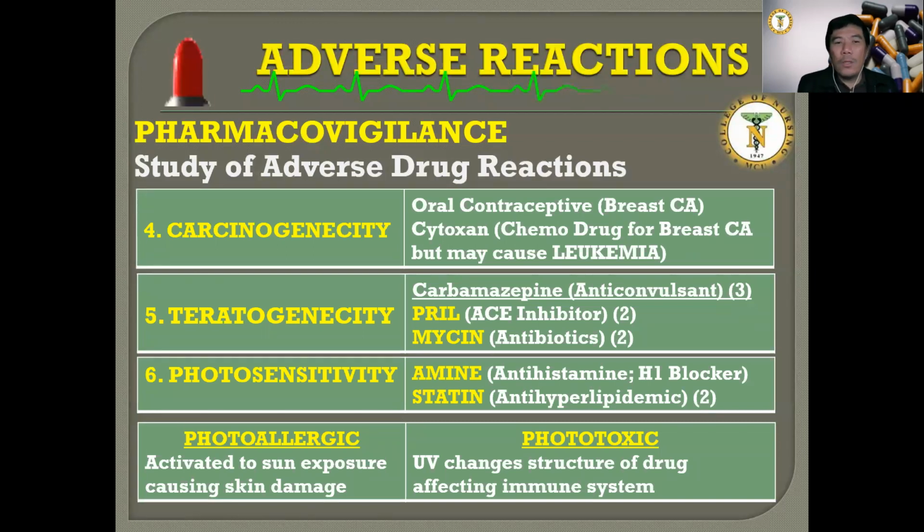So that's it. Next, let us proceed to number 5, teratogenicity. If we say teratogenicity, these are the drugs that are teratogenic and may cause adverse reactions and risk for the fetus or fetal well-being or newborn. Anticonvulsant, there, three are involved in carbamazepine.